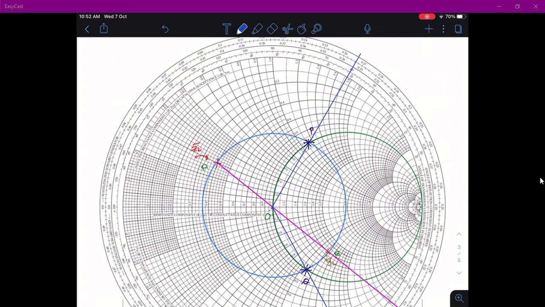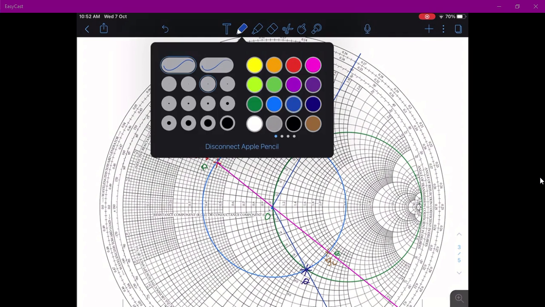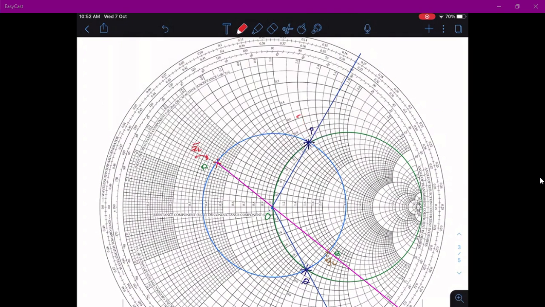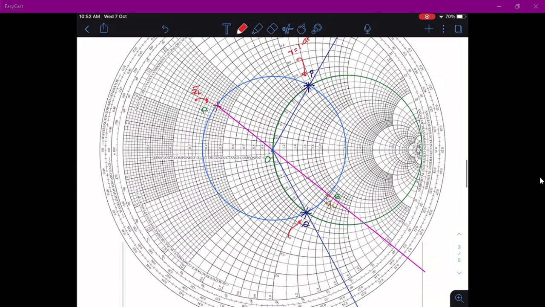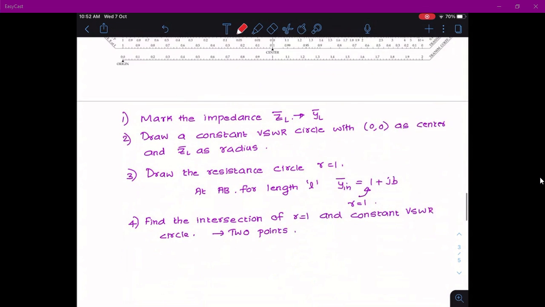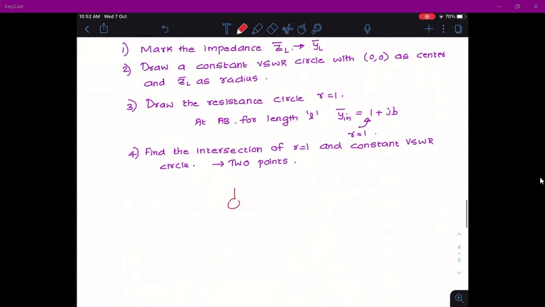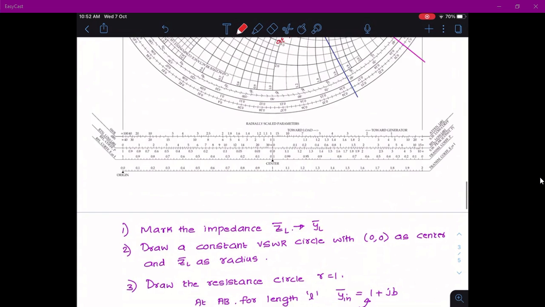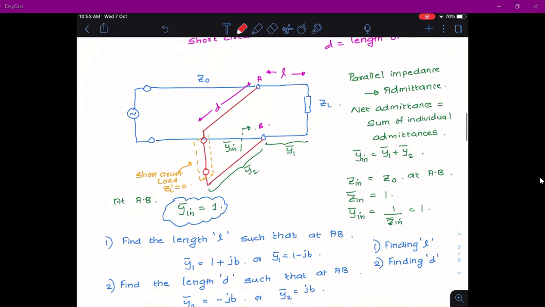Now at P and Q you have 2 points which have r equal to 1 in the transmission line. Let me show this diagram. So the Smith chart points P and Q are these 2 points, that is in the transmission line.